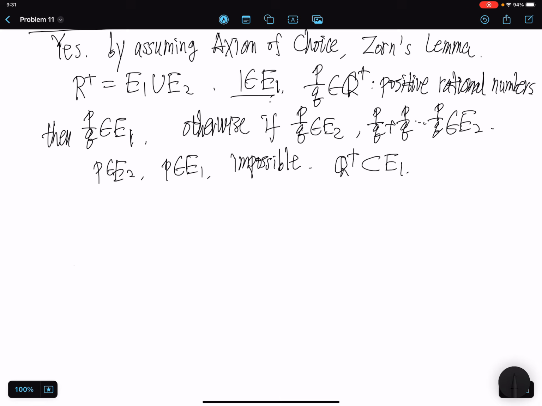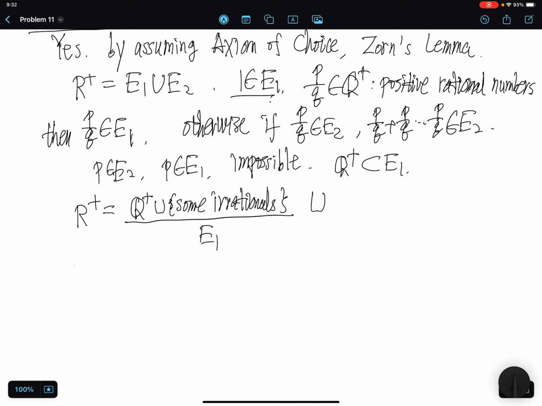And then if we have such a partition, we can write E1 as all the rationals union some irrationals, and then E2 will be the rest of the irrationals. So from this you can add some irrationals into the positive rationals Q plus and make it bigger and bigger, but then always leave E2.